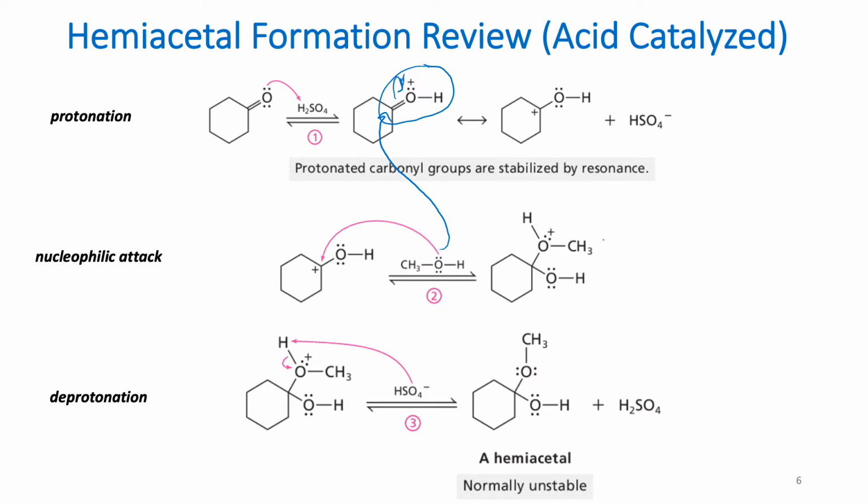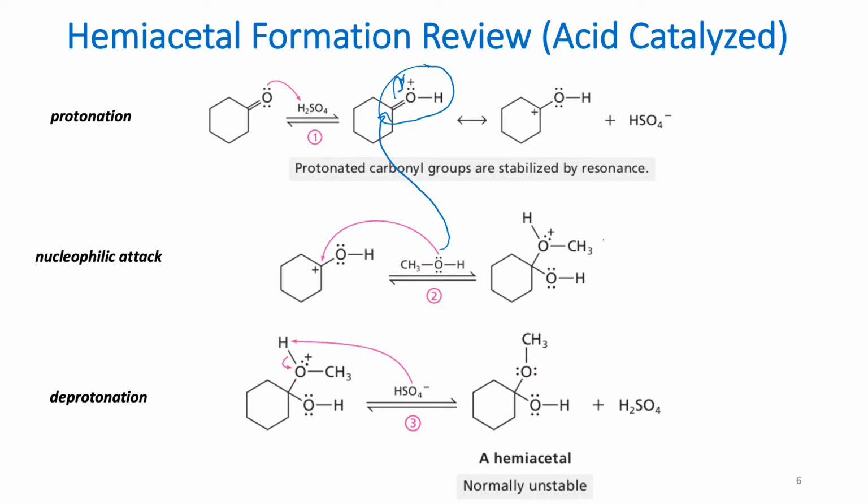Okay, now moving on, you would then form, it almost looks like a hemiacetal, right? You have a central carbon here indicated by the laser pointer, an OH bonded to one side and an OR bound to the other. Except we just have to deprotonate that to finish off the mechanism, which is this last step right here. And so the conjugate base of the sulfuric acid is going to deprotonate, thus yielding the hemiacetal product.